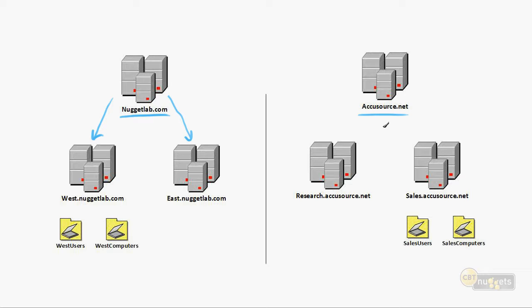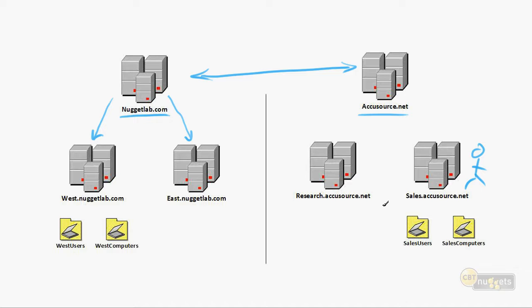Well, if I join this domain when I create my first domain controller to this existing forest, then there's going to be built in here a two-way transitive trust, meaning that, again, if I have a user down here, they can access any of the resources to which they've been granted permissions in this domain, this domain, this domain, this domain, this domain, and this domain, okay, all the way throughout. And now my forest includes both of these top-level namespaces as well as any children that are associated with it.